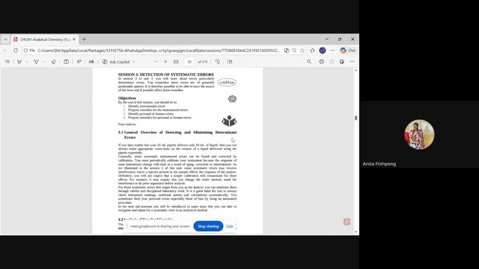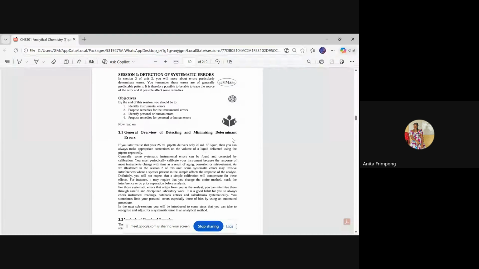As we illustrated in session 2 of this unit, some systematic errors may involve interferences where a species present in the sample affects the response of the analyte. Definitely, you will not expect that a simple calibration will compensate for these effects. For instance, it may require that you change the entire method, mask the interference, or do prior separation before analysis.